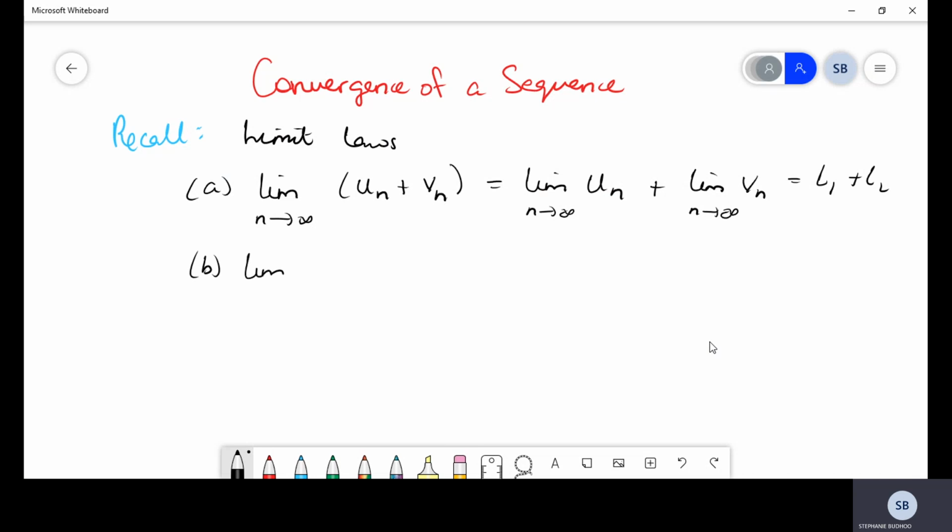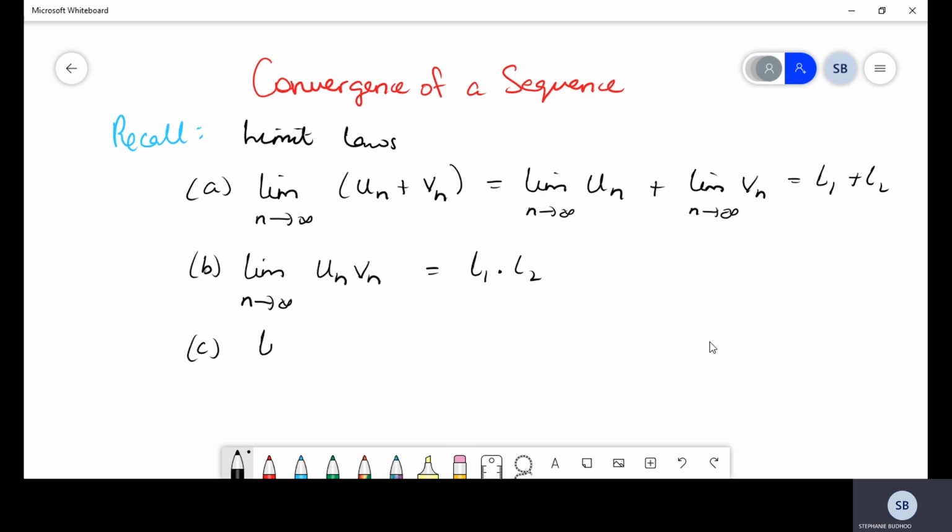All right. Second law states that if you have 2 sequences and they are being multiplied by each other, and you were to split them up, then by definition, the limit of the first one, if it were denoted by L1, and the limit of the second one, if it were denoted by L2, you would just have to multiply the limits of both sequences.